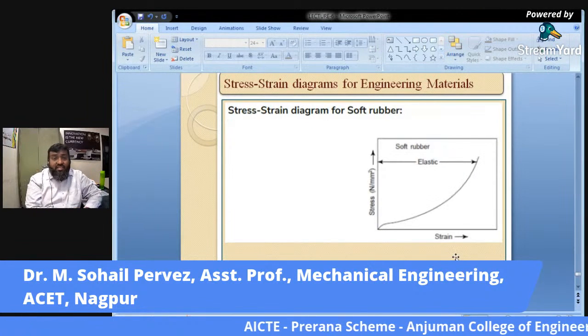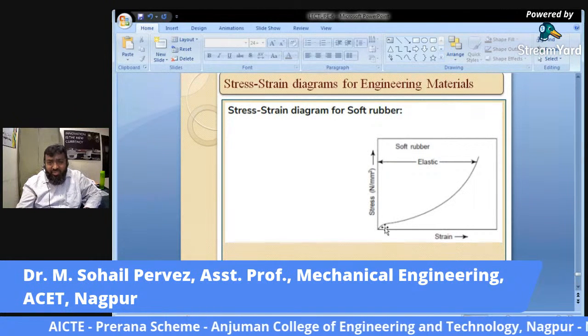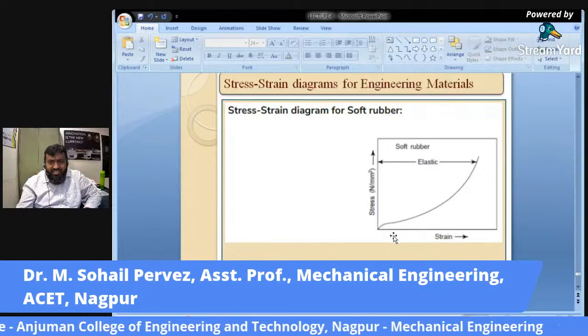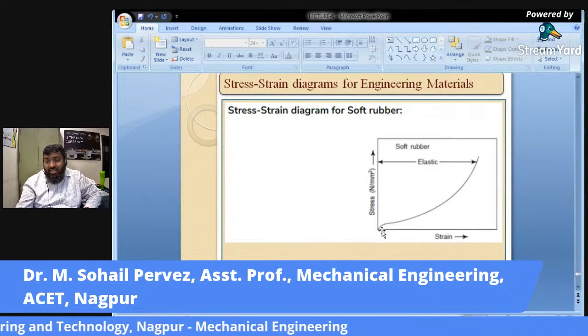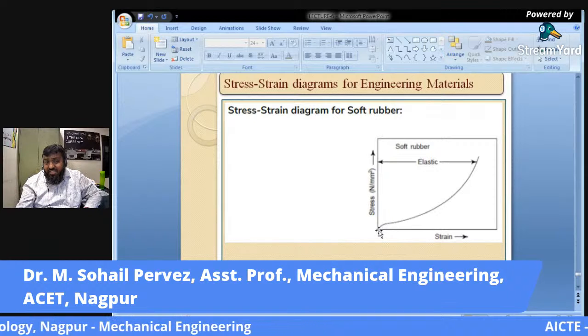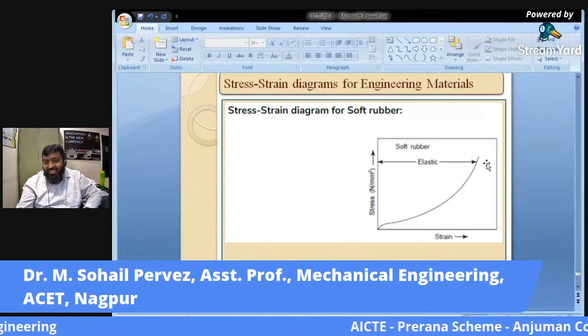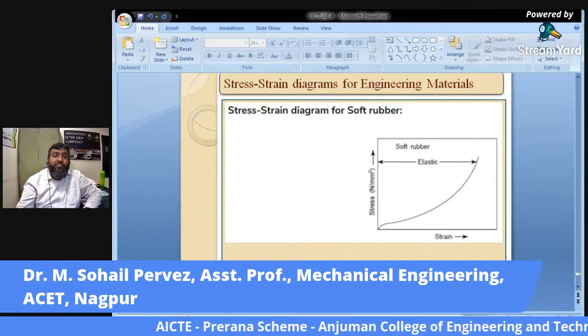The next is for rubber. Now see the beauty of this graph. Since I've considered soft rubber, the graph itself tells us the characteristics of rubber, how it behaves under tensile load.